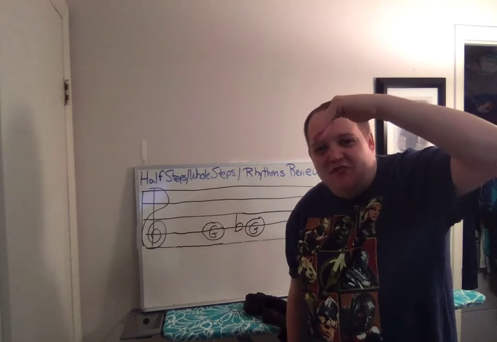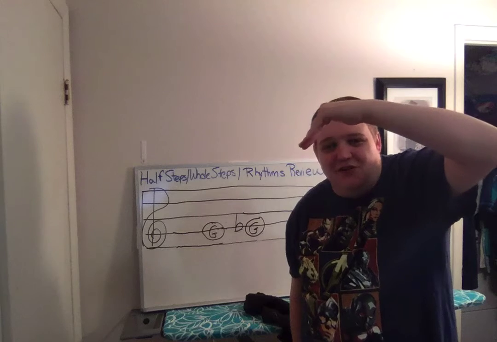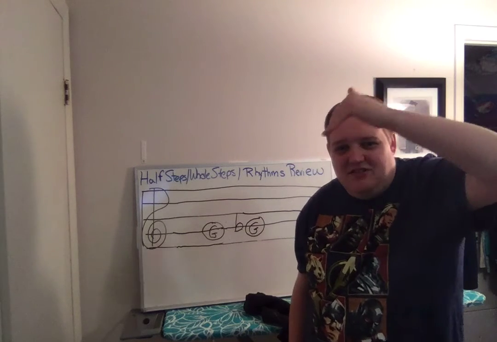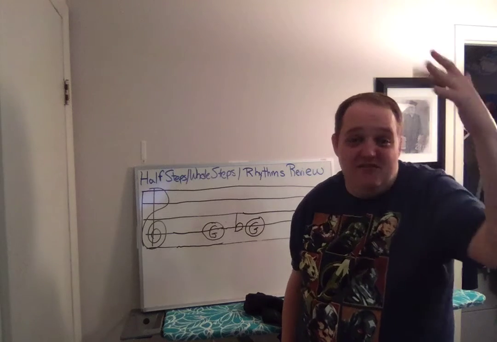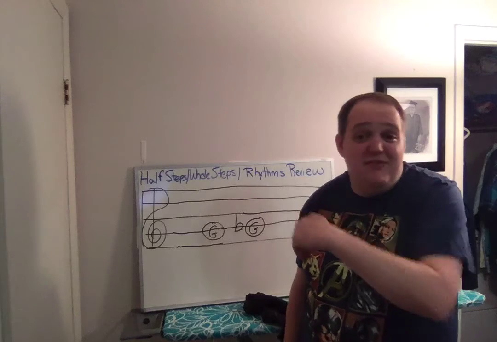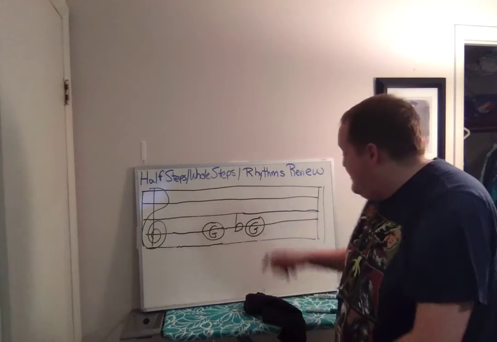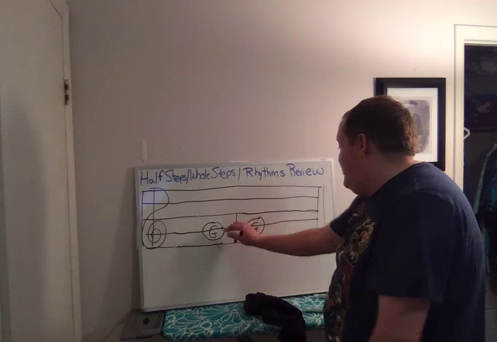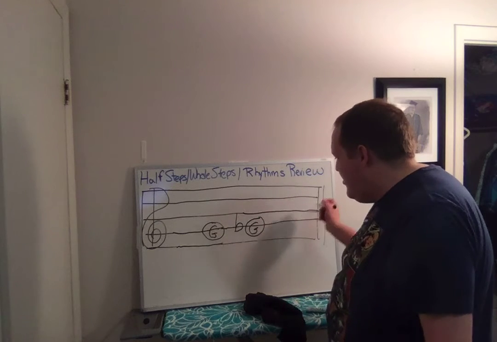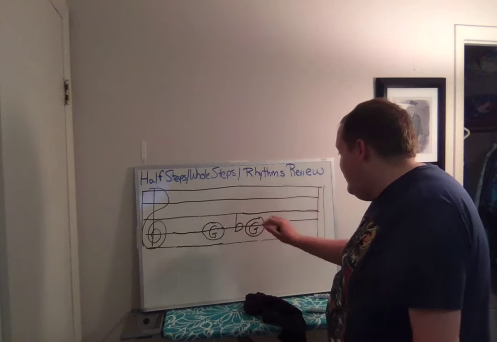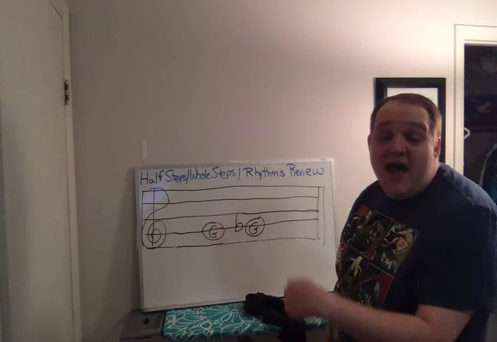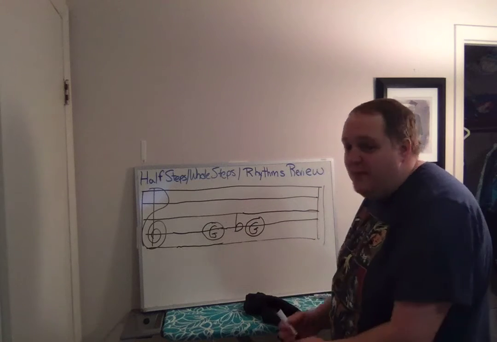Somebody pulled the emergency brakes on that roller coaster as you're going down the hill. And you're kind of just stuck. Maybe you're not stuck, but it just stopped. Okay? And there you go. Your G to G flat. That's going down a half step.